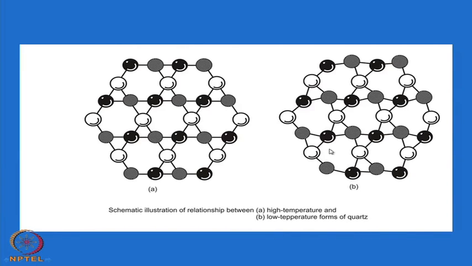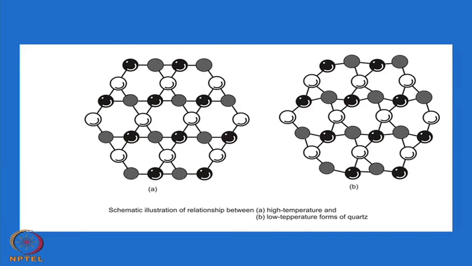None of these displacive transformations are easy to stop or quench. If it is a reconstructive transformation, with nucleation and growth phenomena, then if you quench fast, by changing the temperature from high temperature to low temperature, the phase can be quenched.